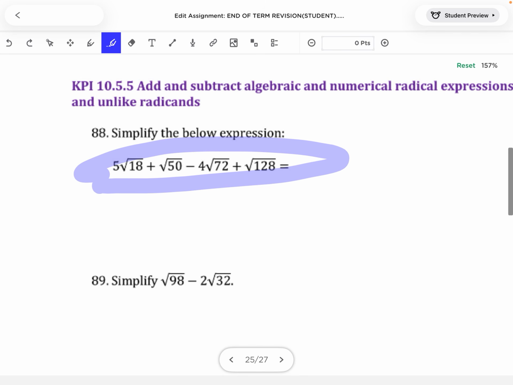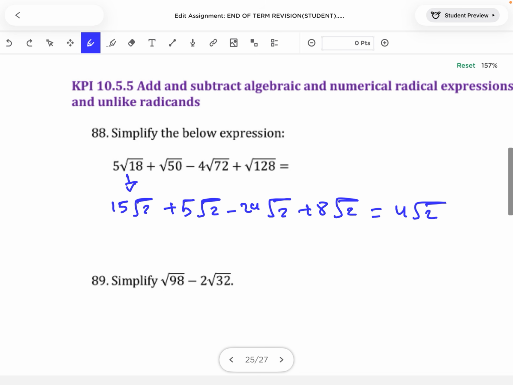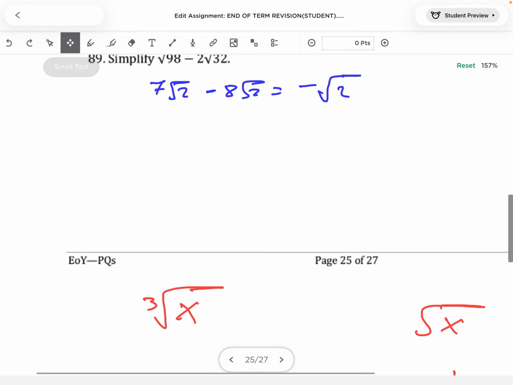Now the other questions are a piece of cake, very silly. If this question is a multiple choice question, I will put it all in the calculator and I will get the answer. If it is not, I have to find the value of each one of these. 5 radical 18 will be 15 radical 2 plus 5 radical 2 minus 24 radical 2 plus 8 radical 2. Calculator, it will be 4 radical 2, done. Next one is the same story. It is 7 radical 2 minus 8 radical 2, yani negative radical 2.